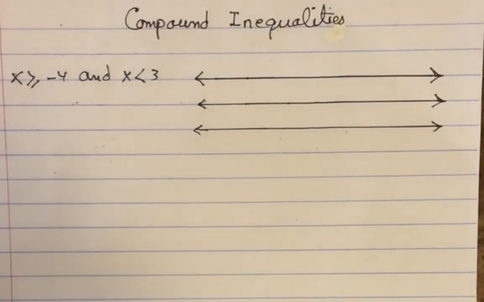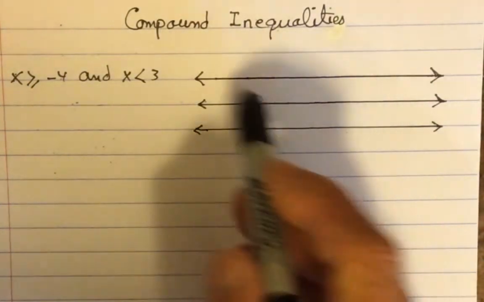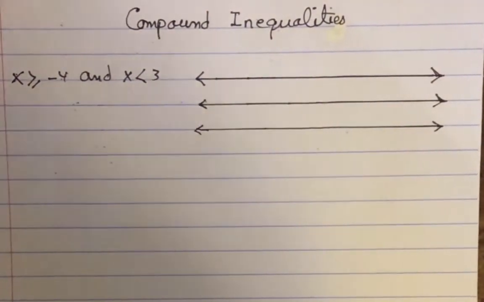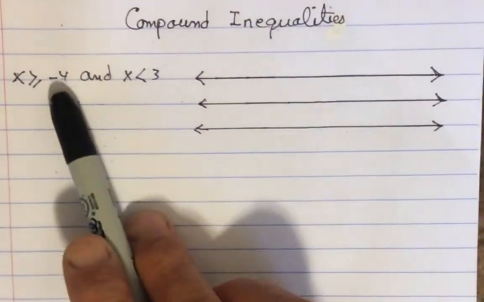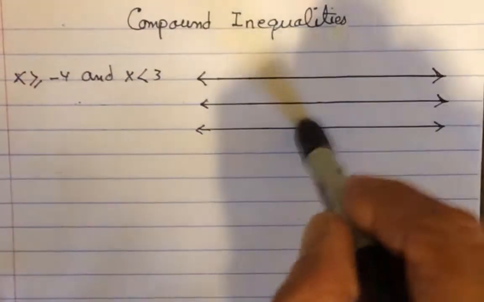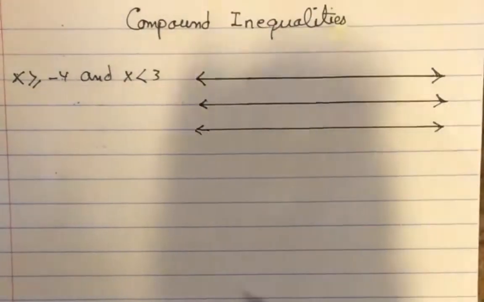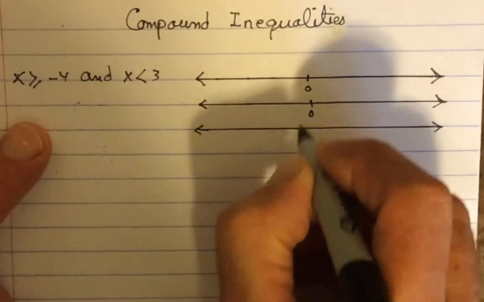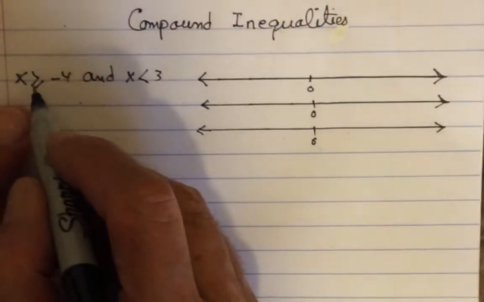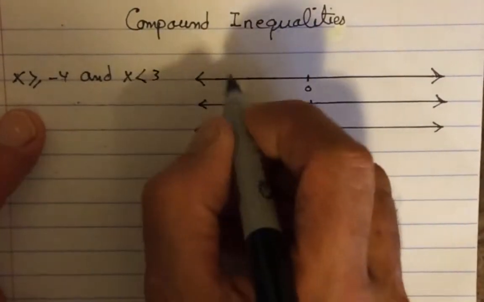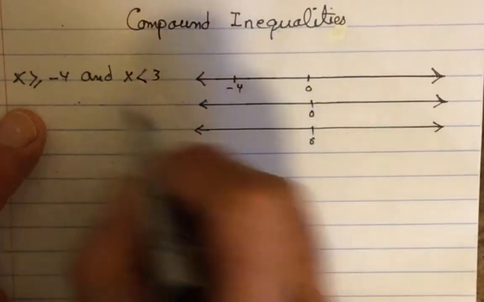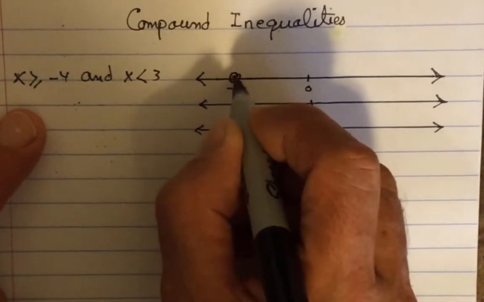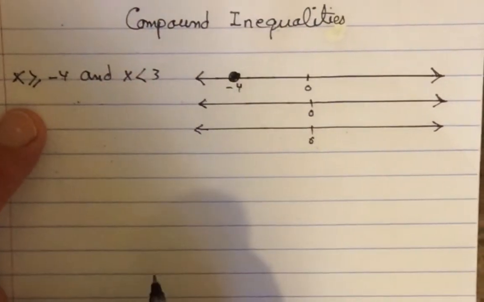The first one, x is greater than or equal to -4. You don't have to do the whole number line like 0, 1, 2, 3, -1, -2. You can just put these two numbers, -4 and 3, on the number line. Say this is the 0 in the middle. Here is -4. Since it has equal, -4 itself is a solution, so we shade it in.